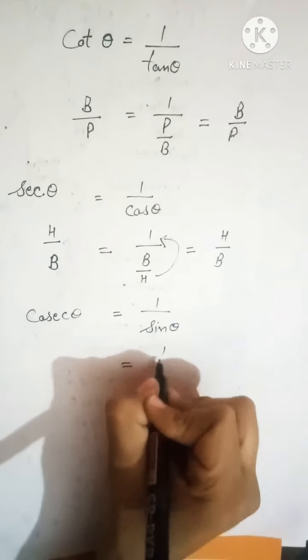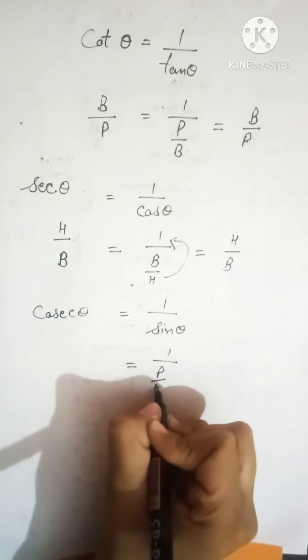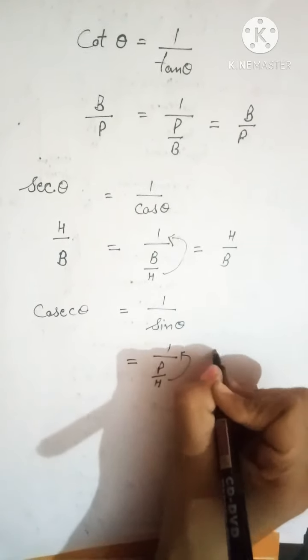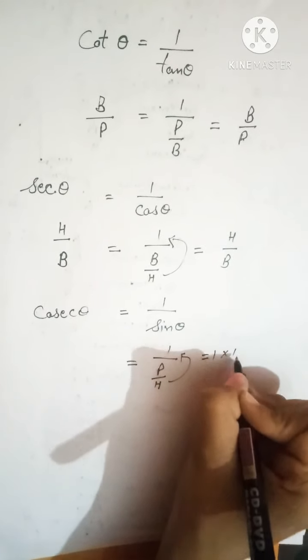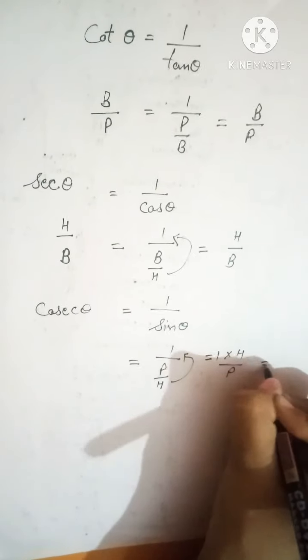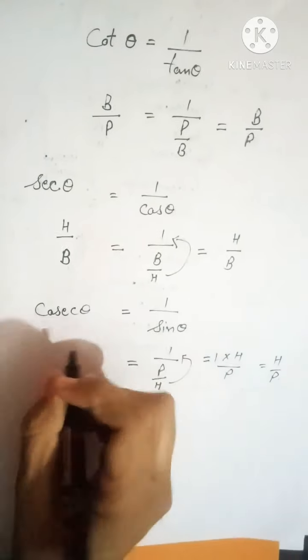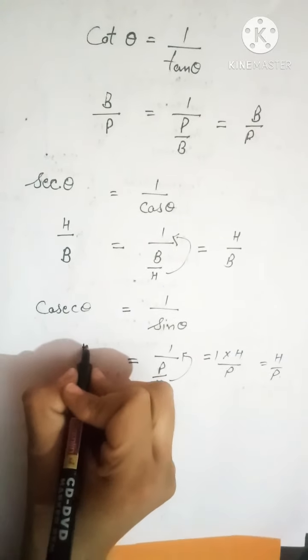What is sin theta? Sin theta is P upon H. This H goes with 1. We get 1 multiplied by H upon P, that is H upon P. And we also have cosecant theta is H upon P.